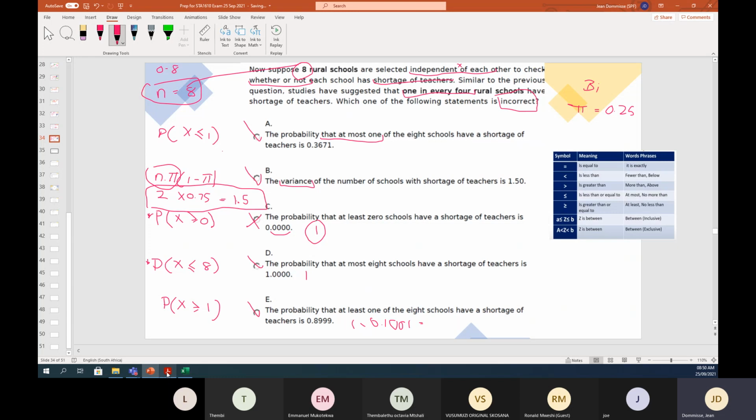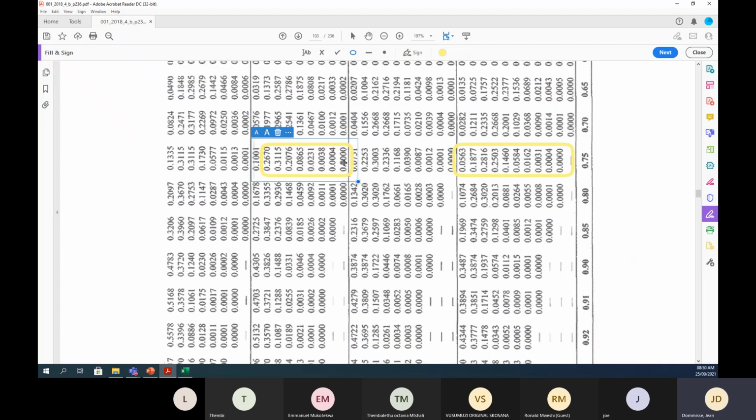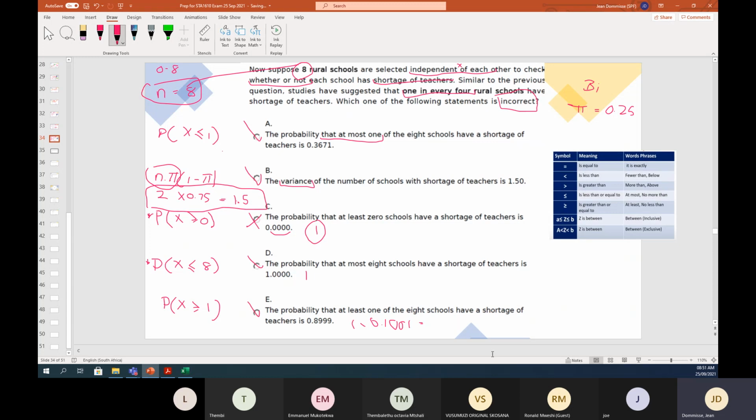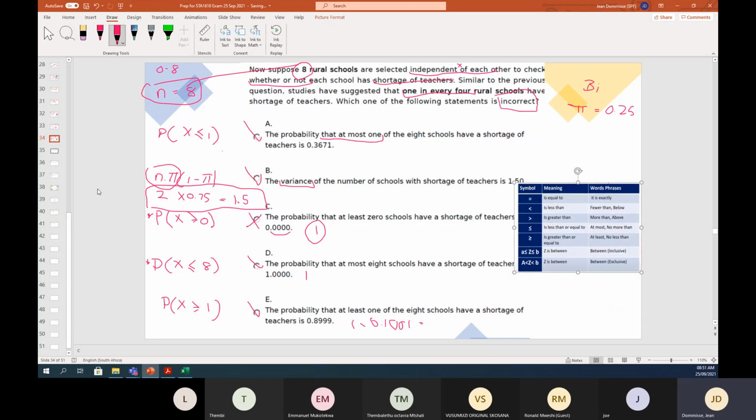Okay, so again, in the exam, you could have added all of that together and it will give you 0.8999, but it is much easier to say 1 minus that one individual one, and it will give you everything that was highlighted in yellow. Okay, so that is the binomial distribution. So let's quickly, any questions on that before we continue?